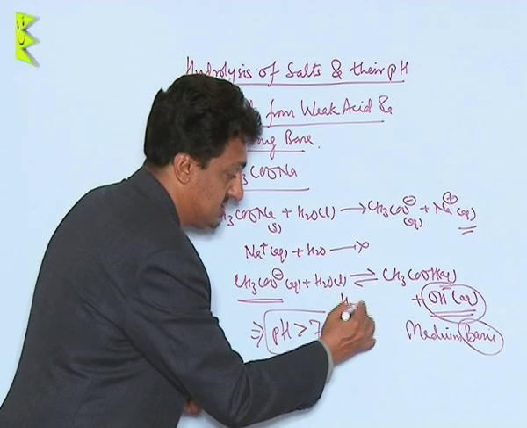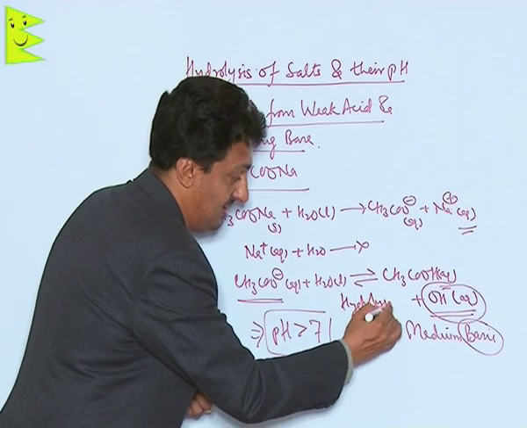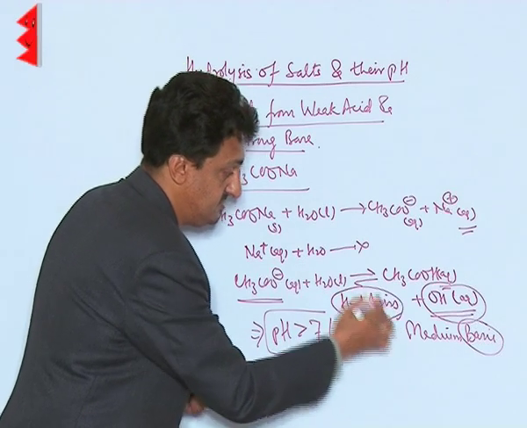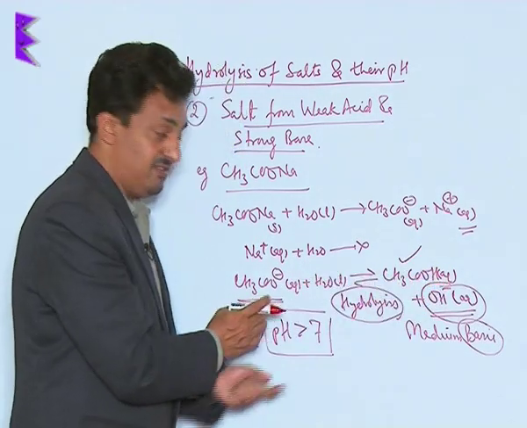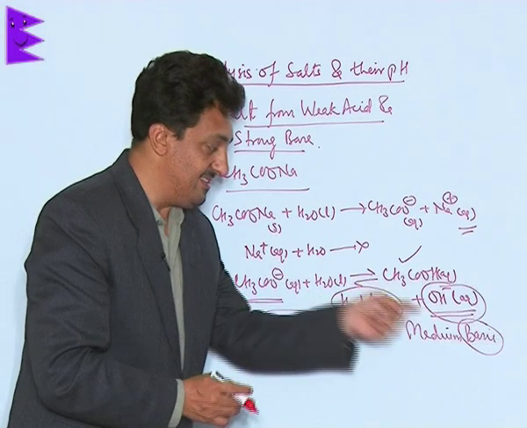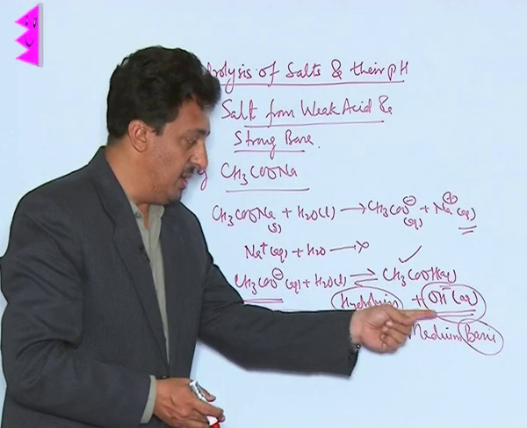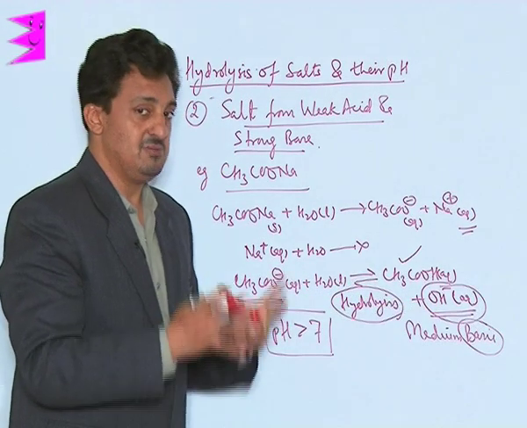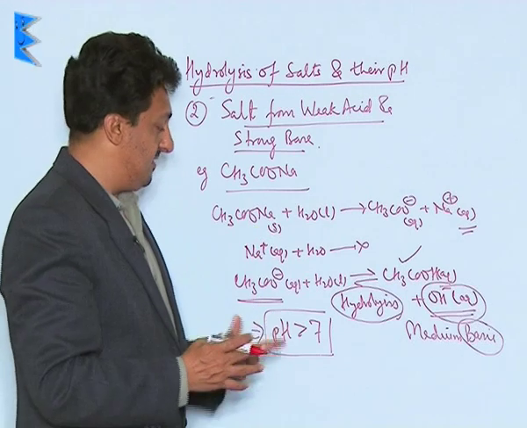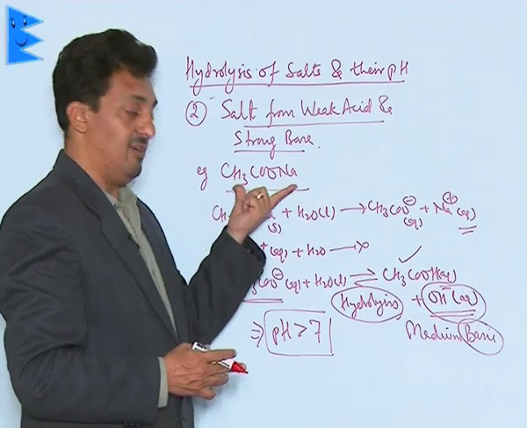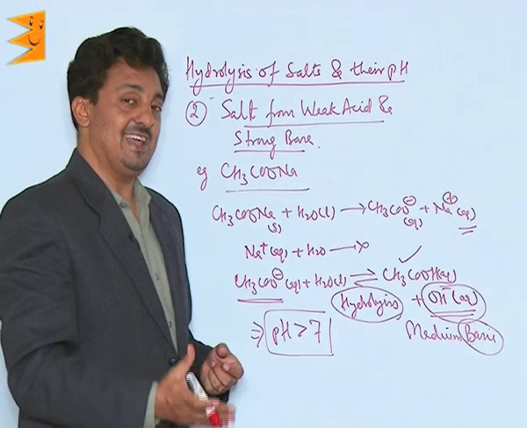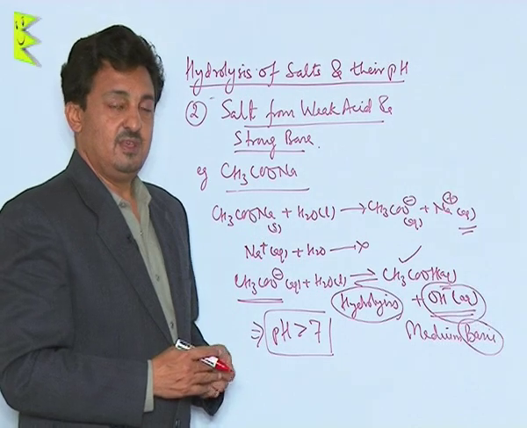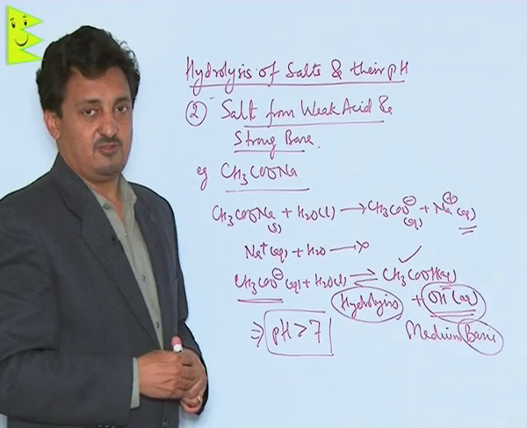This process is called hydrolysis, and it gives acetic acid back, which is not going to dissociate back because it's a weak acid, and it releases OH minus ions. These OH minus ions in the solution make the medium basic. Always remember, when such salts are added to water, the pH becomes more than 7 or it increases. So this is your second type of salt.